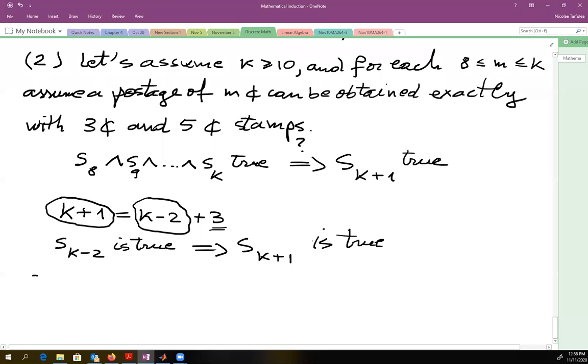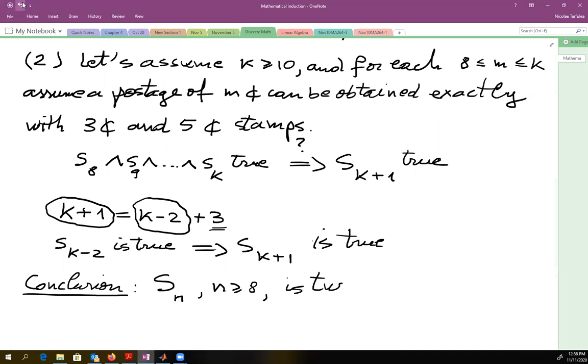So the conclusion is that Sn for n greater than or equal to 8 is true. Okay?